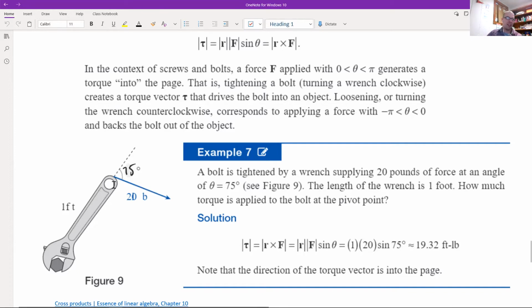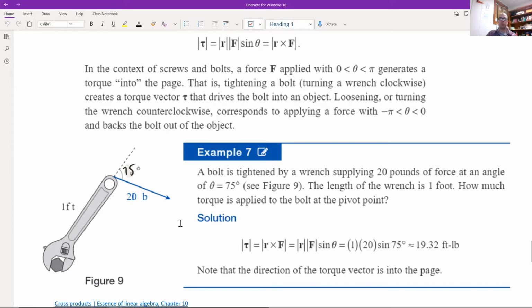Kind of seems to me that you'd be aiming for 90 to apply maximum torque, so that you don't accidentally pull the wrench off of the bolt head. But all of this is really just the 20-pound force times the sine of 75, because not all of it is being directly applied in the perpendicular direction. It's almost 20, about 20 foot-pounds of torque.